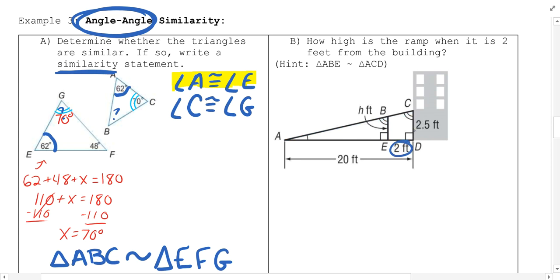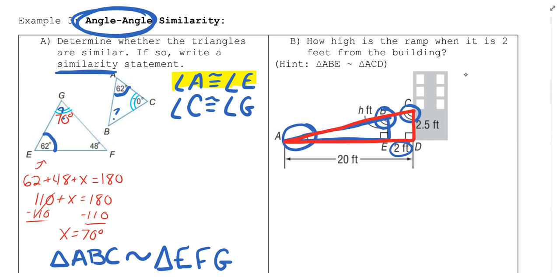So I'm going to look, and I know that I can see that angle C is congruent to angle B, and angle A is actually in the two triangles. If you notice, there's a triangle here, and then there's another triangle here. Angle A is the same in both.